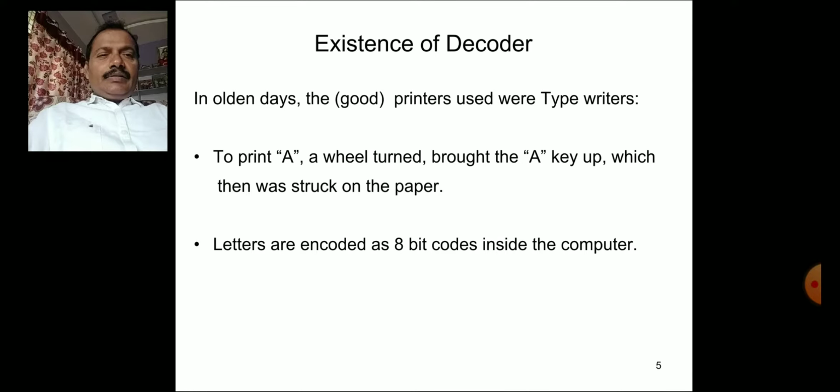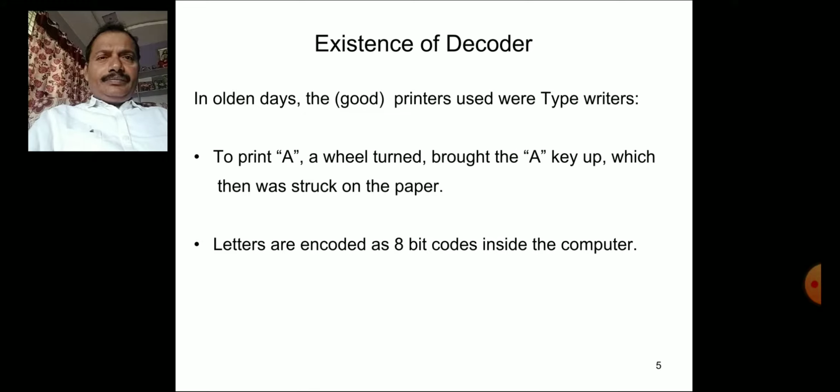The letters are printed one by one according to the matter that we type, and once we press a particular character key, that key is turned, brought up and struck on the paper, so that the total matter is printed with the help of the printer. So this is the decoder operation.